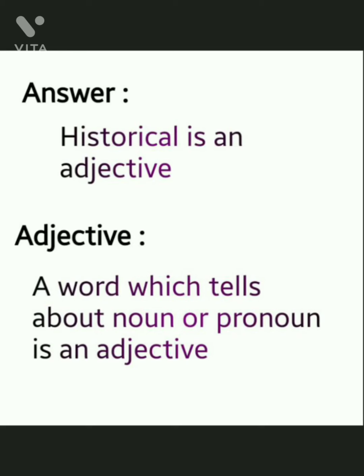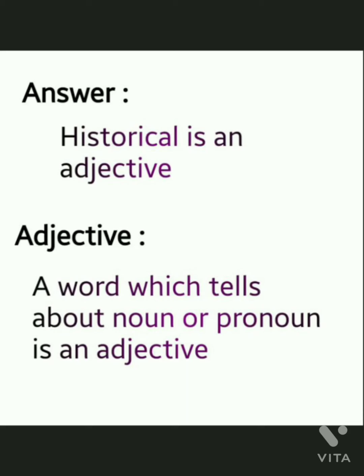So for this, historical is an adjective. Here in this particular sentence, historical is an adjective. So what is an adjective? It is a word which tells us about a noun or pronoun. Any quality, if it is describing a noun or pronoun, usually if it is a quality, it can be a pronoun or it can be an abstract noun.